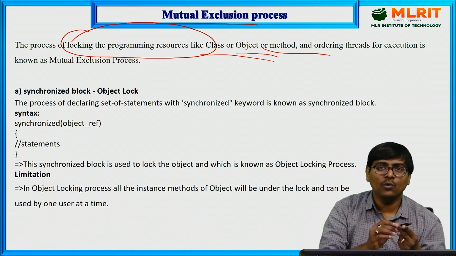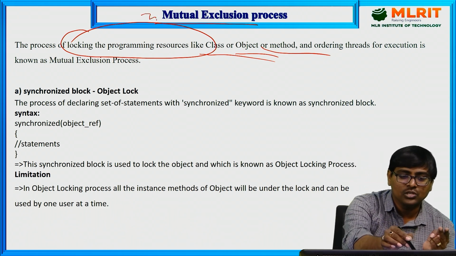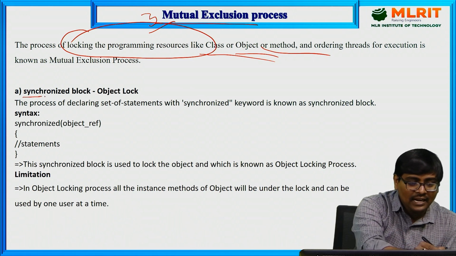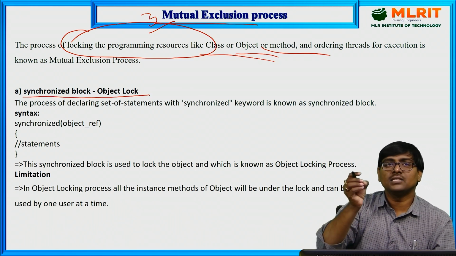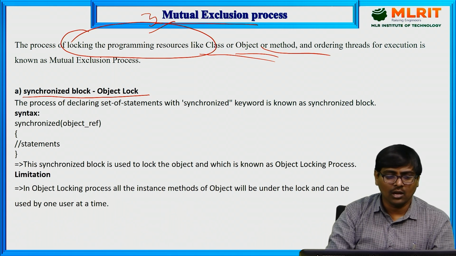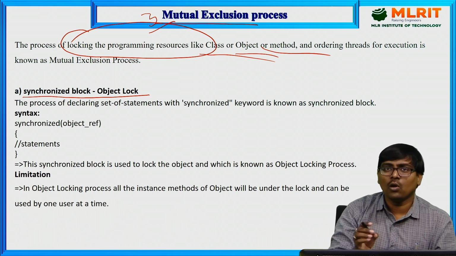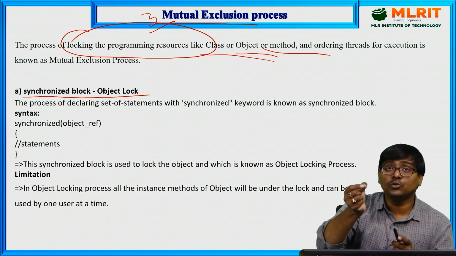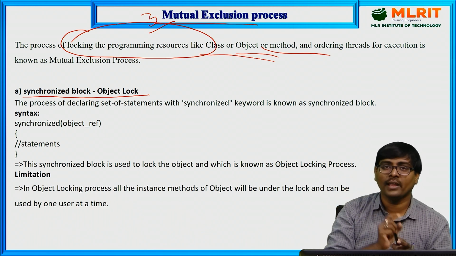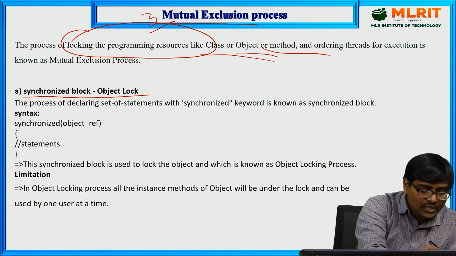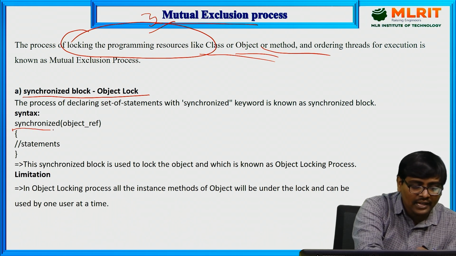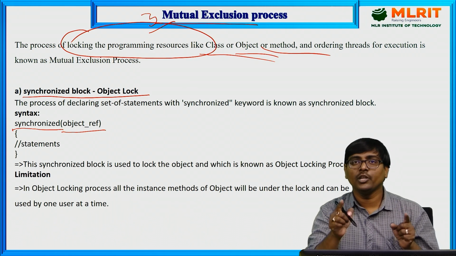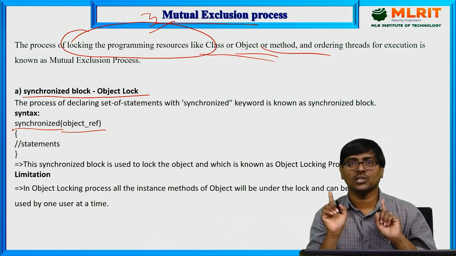Now, here we achieve mutual exclusion in three ways. The first one is the synchronized block. This is also called object lock. So, what is the synchronized block? Here, the locking is applied to an object. See, this is the syntax: synchronized of object reference, meaning the object to which you are applying synchronization.